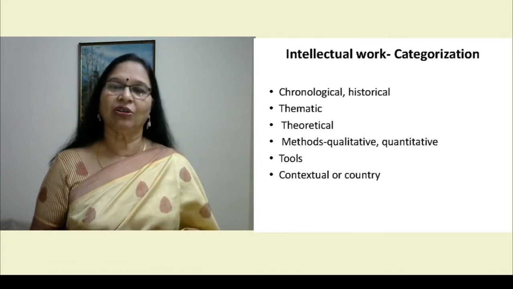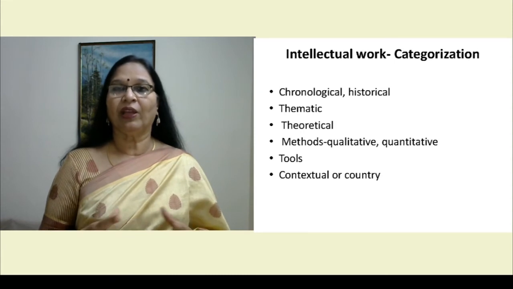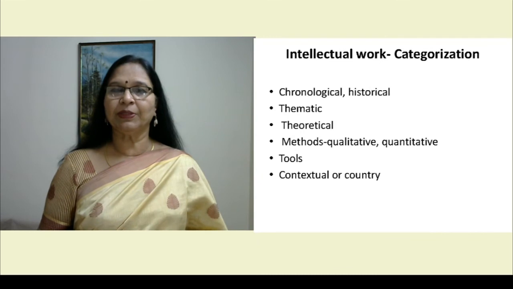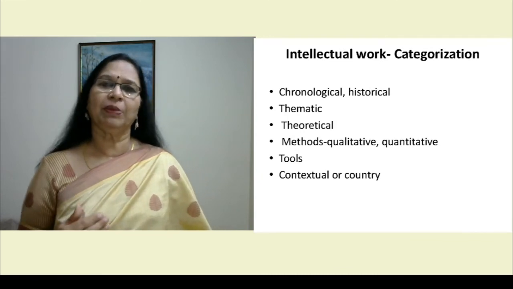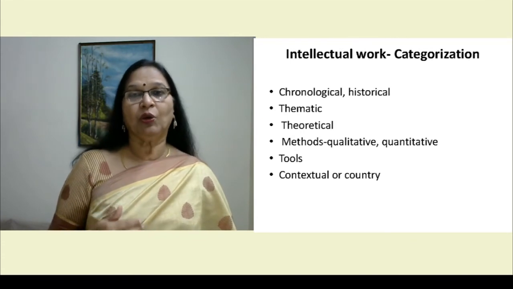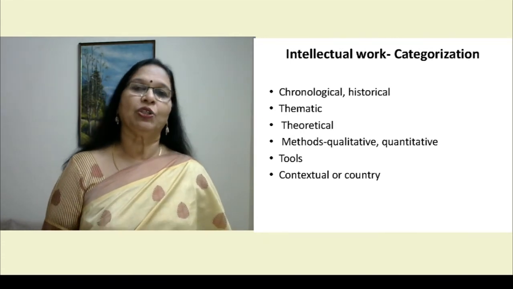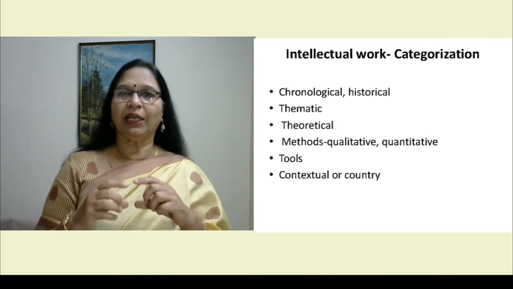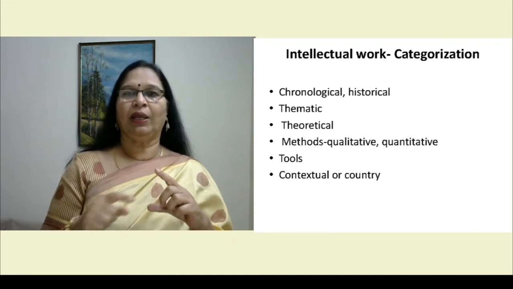So you can categorize these articles in terms of history, where you are looking at chronologically arranging these themes. So chronologically means age-wise. So when you get a topic, you can arrange them age-wise. But you must also do it theme-wise. So when you do theme-wise, what is happening is a particular theme, and in that theme, you can categorize by age.